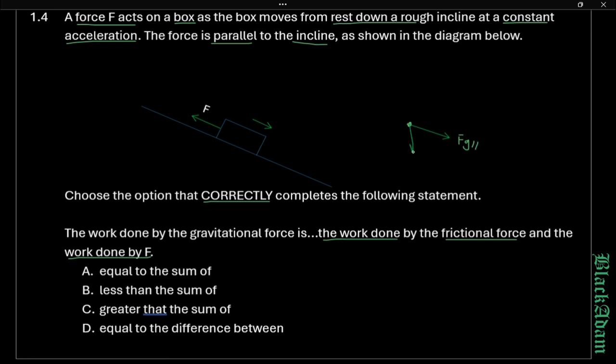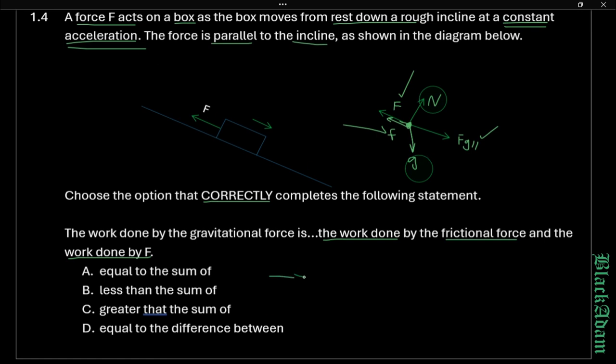Let's draw a free body diagram. We have the weight, the normal force, and the applied force. We also have friction, and the normal cancels that. So we have the horizontal forces: Fg parallel, F and friction.